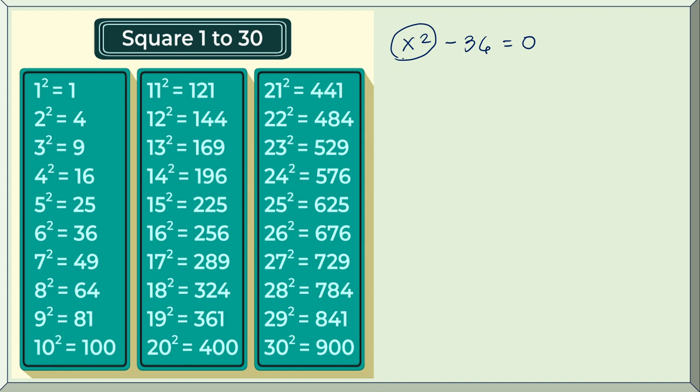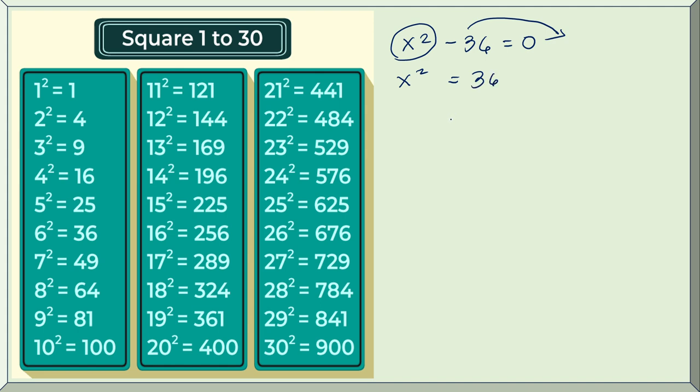So meaning if we will isolate this, we need to transpose negative 36 to the other side, and it will be positive 36. So we have x squared equals 36.